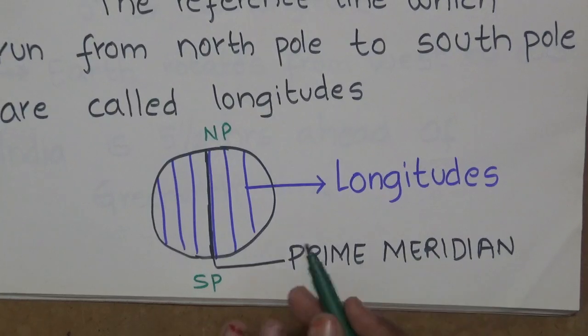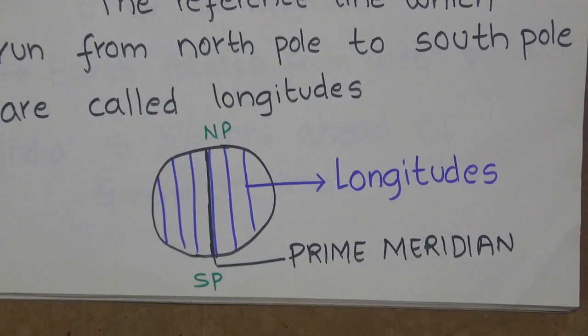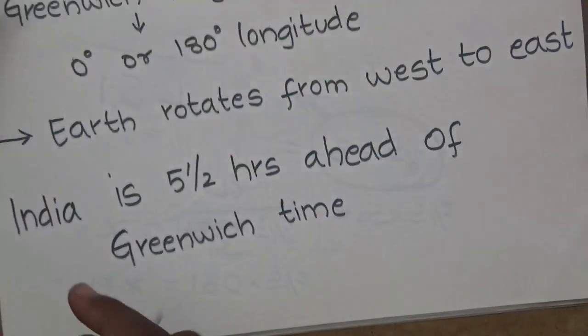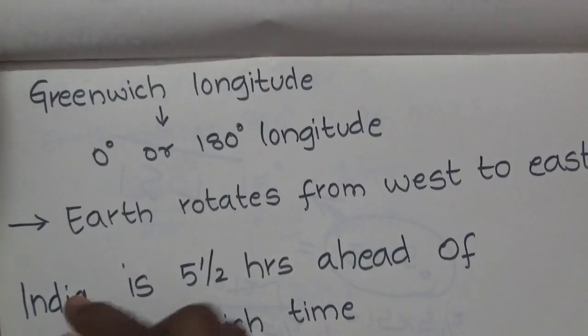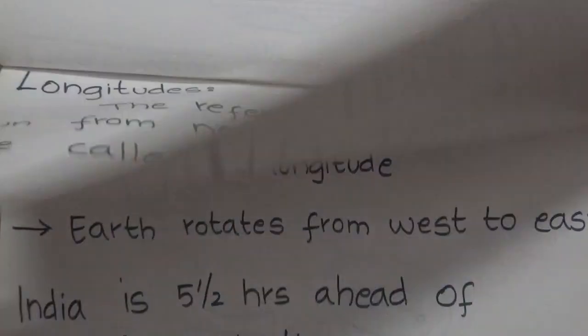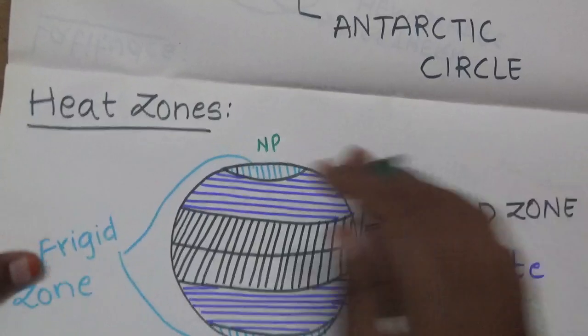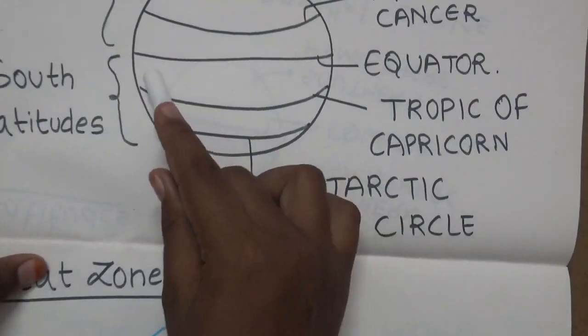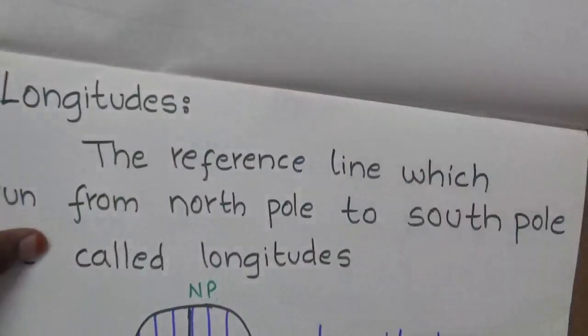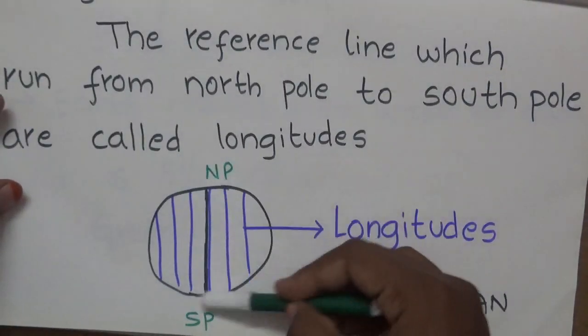Now, when calculating time, they took Greenwich longitude as a reference line. Generally we took the equator as 0 degree latitude, right? So in that aspect we should take this prime meridian as 0 degree longitude.